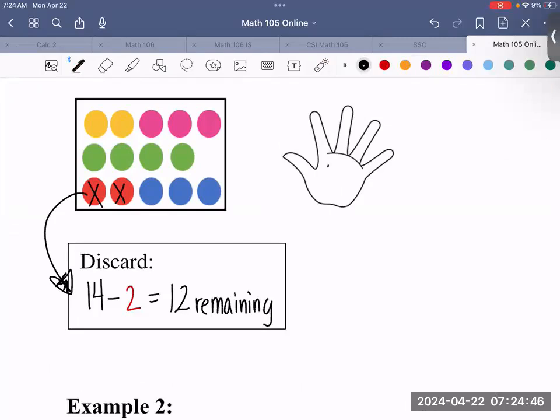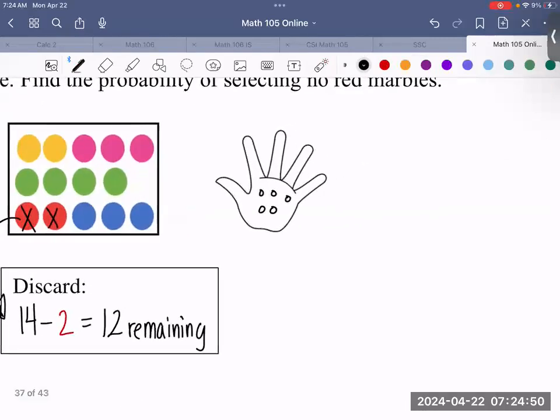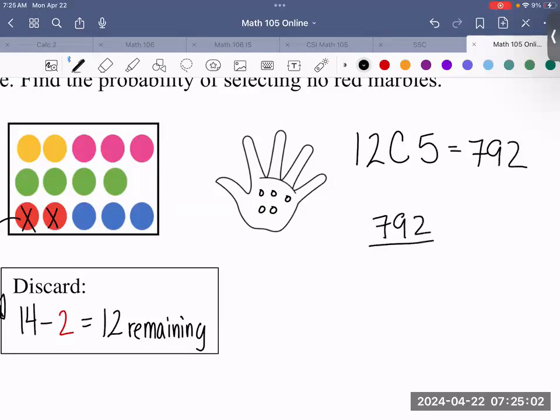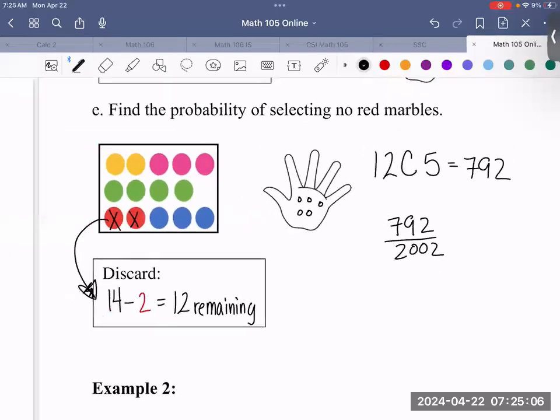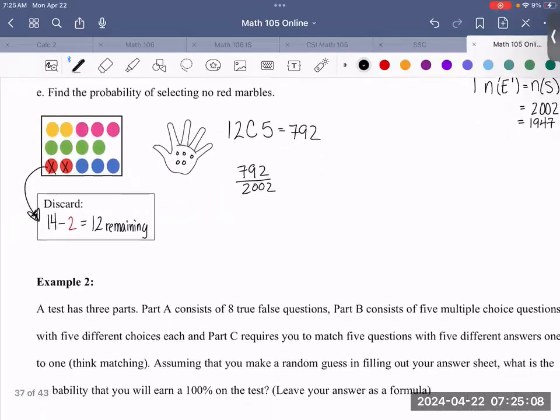I can then just put any 5 marbles into my hand. So of my 12 marbles, we're going to choose 5, which comes out to 792. 792 divided by 2002. That would be selecting no red marbles.